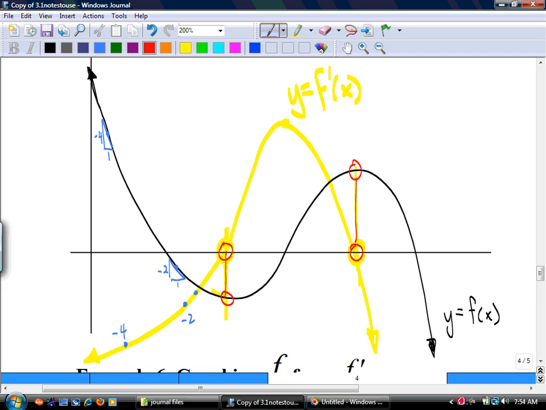So things to notice. Derivative graph will only show slope. f prime of x only shows slope.